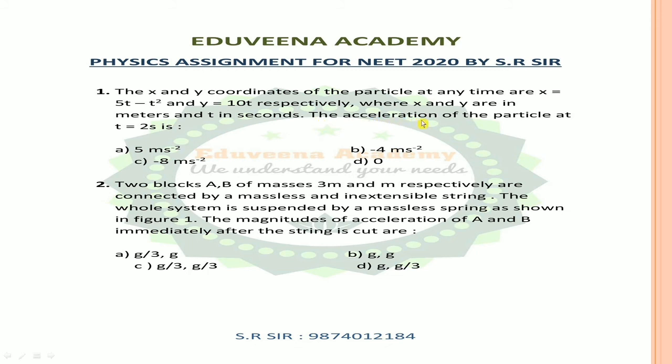Then the acceleration of the particle at t equal to 2 seconds is asked for. So 4 options are given: A 5 meter per second square, B minus 4 meter per second square, C minus 8 meter per second square, and D is 0 meter per second square. So how to solve this sum? Let us see.